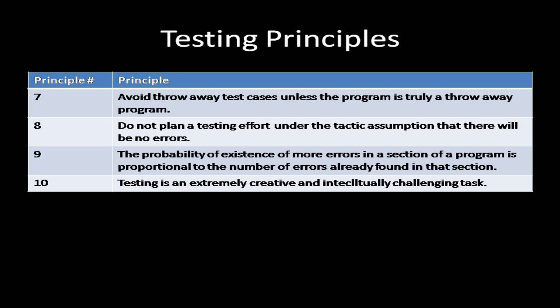The seventh principle is avoid throwaway test cases, unless the program is truly a throwaway program. This problem is seen most often with interactive systems to test programs. A common practice is to sit at a terminal and invent test cases on the fly, and then send these test cases through the program.